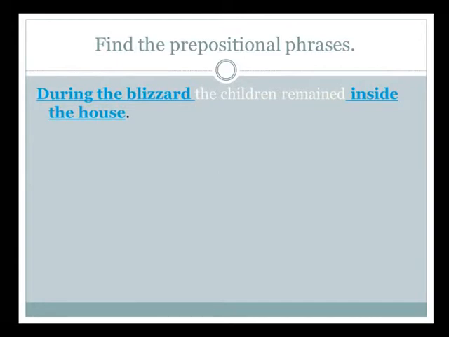Prepositions of time are those where you can frame a question by asking a question like when. Prepositions of place, you can always frame a question by using a word like where. Prepositions of direction indicate towards a particular direction.